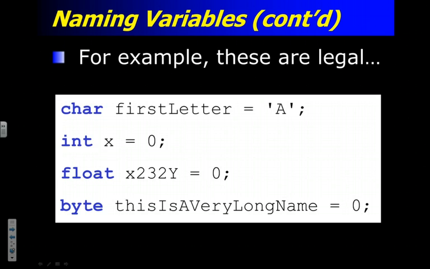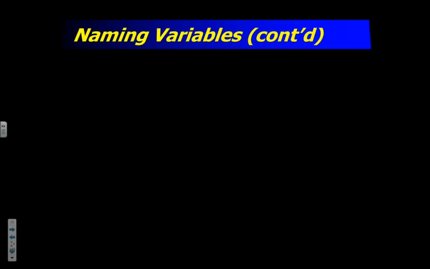So here is an example of four legal variable names. First letter x, x232y, and this is a very long name. Notice in this very long name, I'm using the camel casing to put an uppercase letter at the start of each word to create that visual cue to help you better understand what I'm saying in that name.